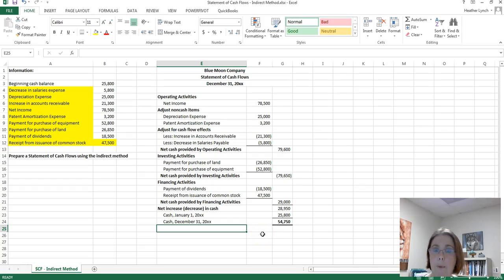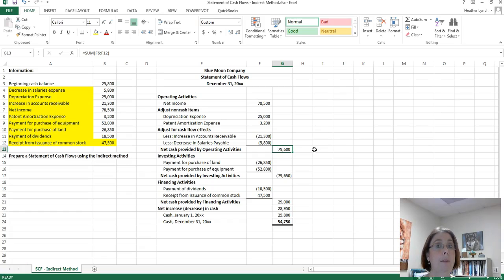I don't have on here any information on the balance sheet. But this cash December 31st, 2016, the $54,750, that better equal your cash balance on your balance sheet as of December 31st, 2016. Okay? One thing to look at. You want net cash provided by operating activities positive.